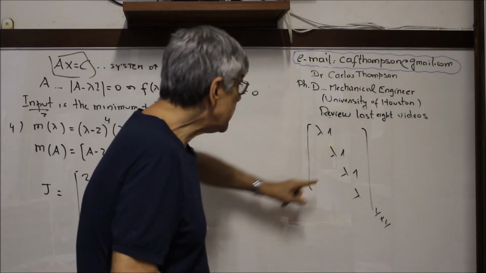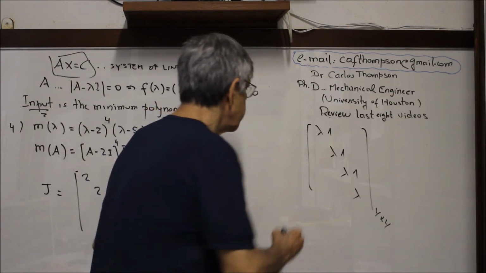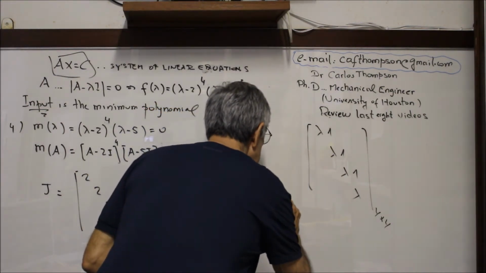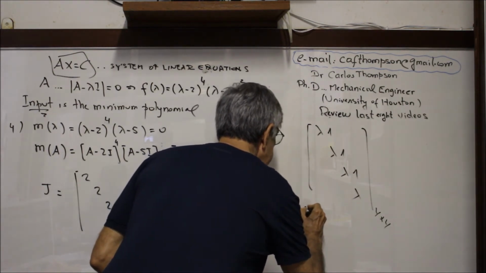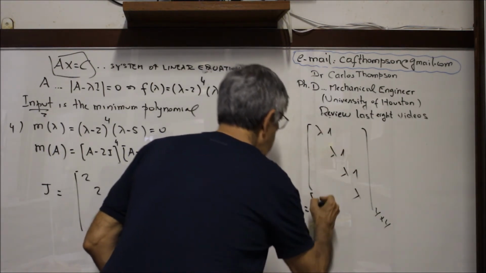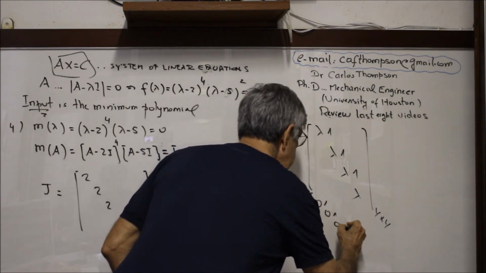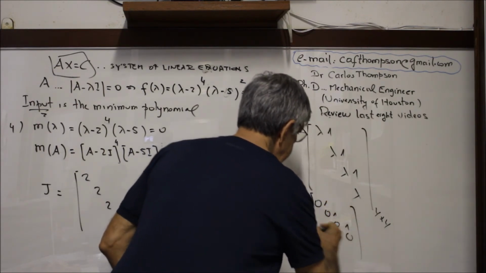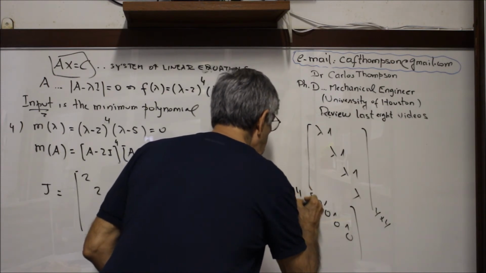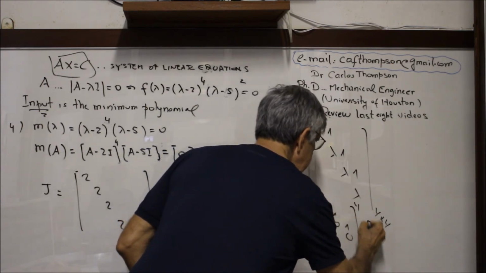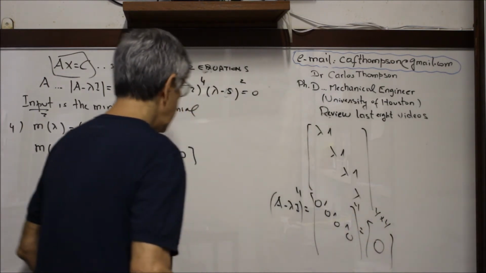When I put all 1 here, this is called Jordan block. Now, what is the minimal exponent for this? Not for this, but for this. A minus lambda I. This is equal 4, 0 here. I have 1 here, 1 here, and 1 here. This to the power 4 will be 0.